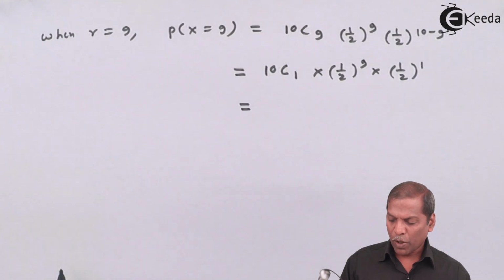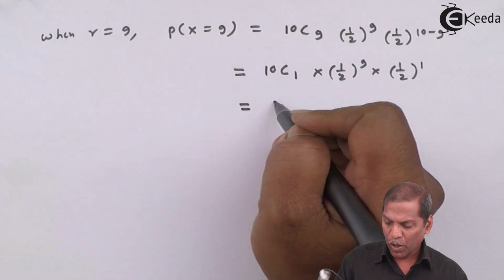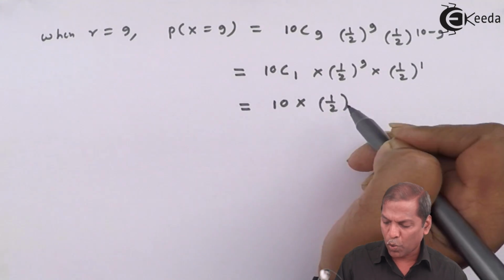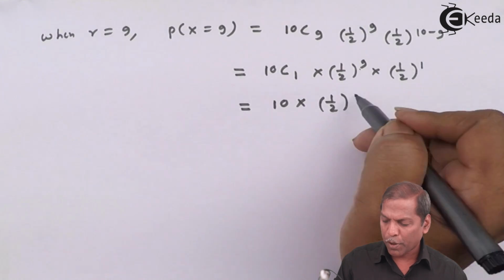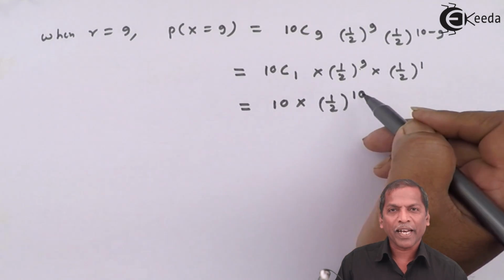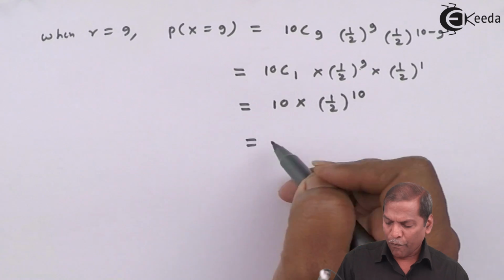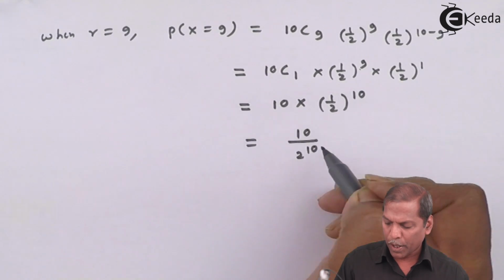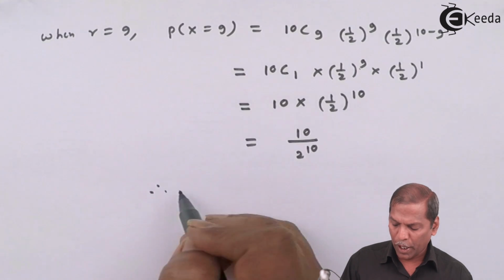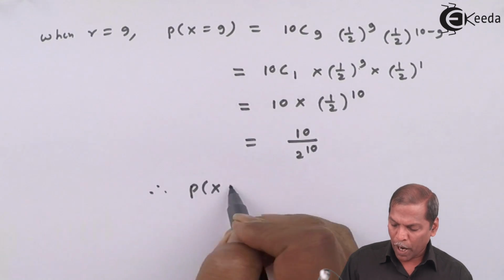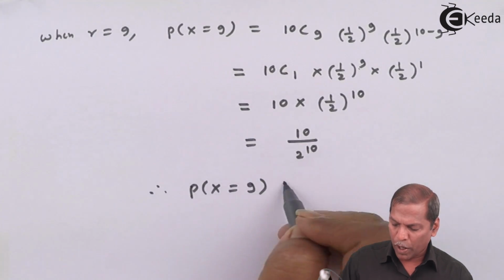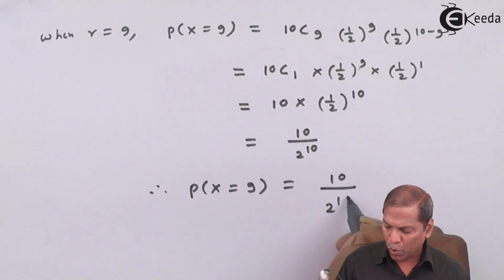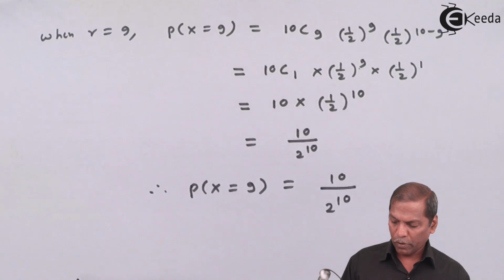So that equal to, now 10C1 gives 10 only, into 1 upon 2 raised 9 plus 1, which gives 10. And finally we get 10 upon 2 raised 10. So in this way probability x equal to 9 is equal to 10 upon 2 raised 10.